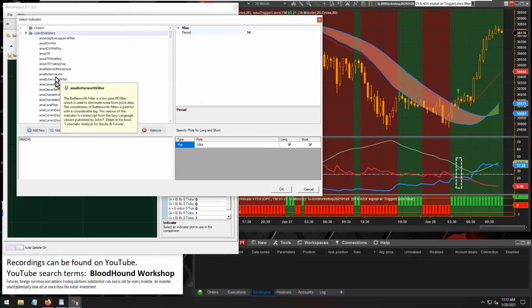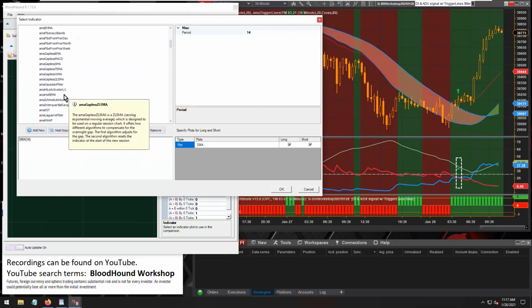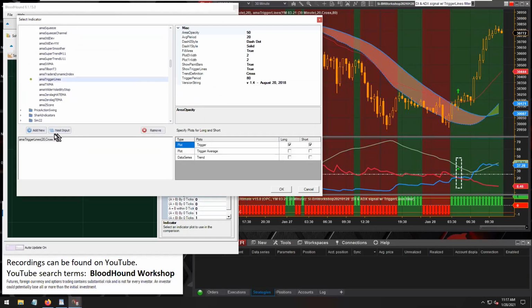So let's go grab the lizard indicator trigger lines. Most people call it the fast line and the slow line, but we can see the plot names are trigger and trigger average. So the trigger is going to be the faster one.